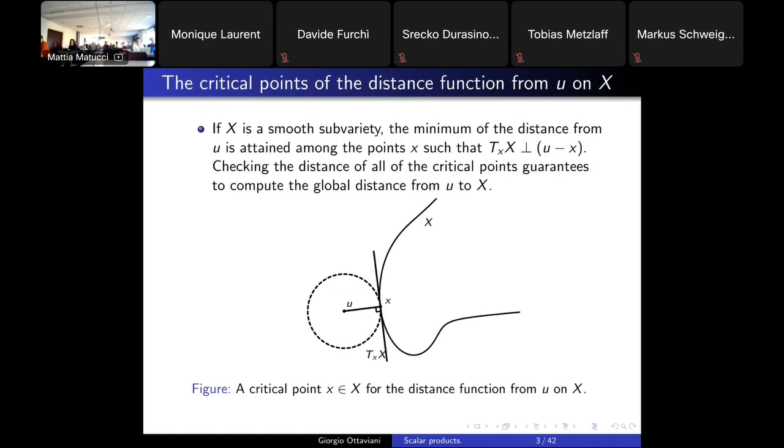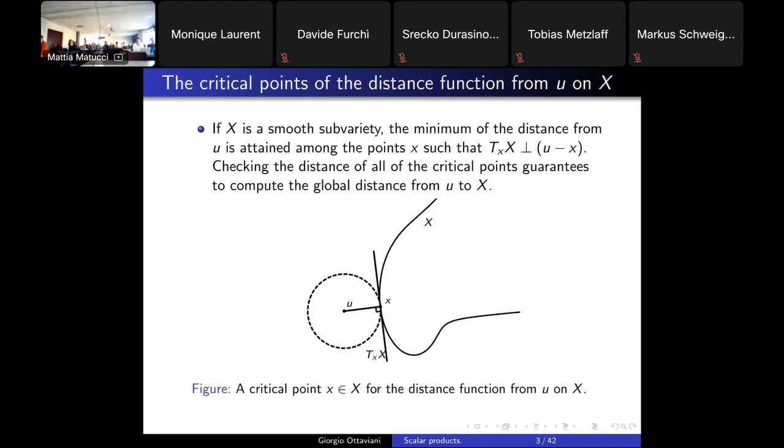And there are software which compute the minimum locally. So you start from some point and you converge. But of course, you never have the guarantee that what you compute here is only a local minimum, because here it could be coming again closer and you are not looking here.